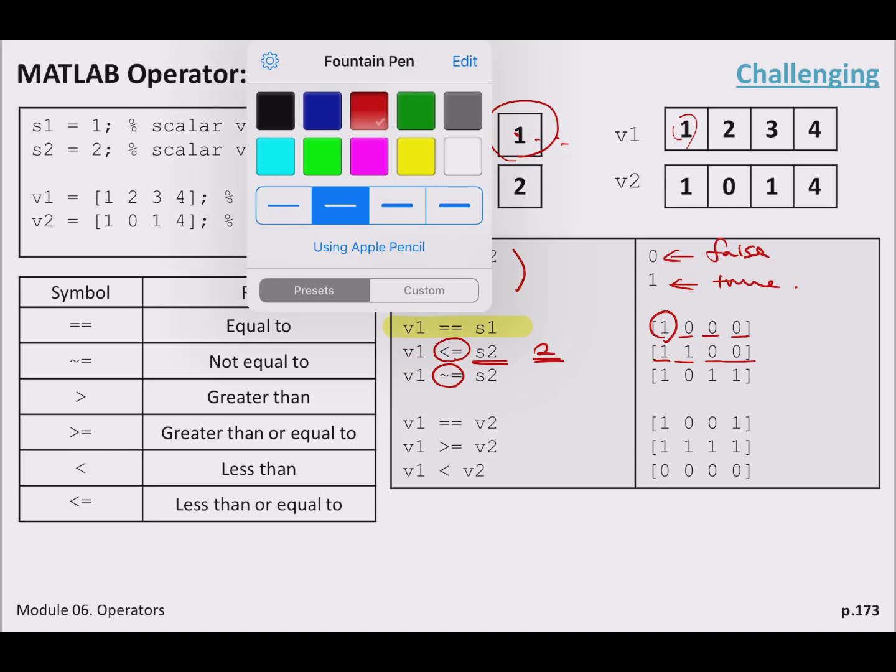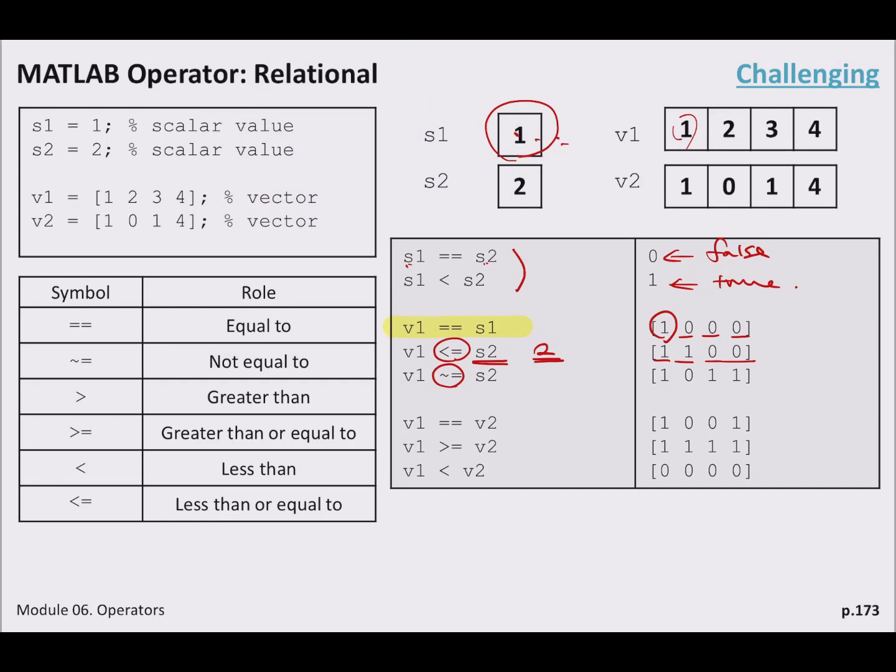Also, we can use this operator between a vector and a vector. Okay. To do this, the dimensions of these two vectors should be the same, like an element-wise operation. The operation is also element-wise. They just compare one by one the values at the same location.